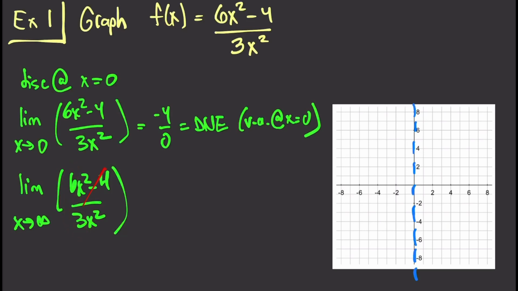So that's going to be 6 over 3 or 2. So what this tells me is as x approaches infinity, the y value is going to approach 2. So that gives me a horizontal asymptote at y equals 2. So again, let's put that in. Y equals 2, horizontal asymptote.